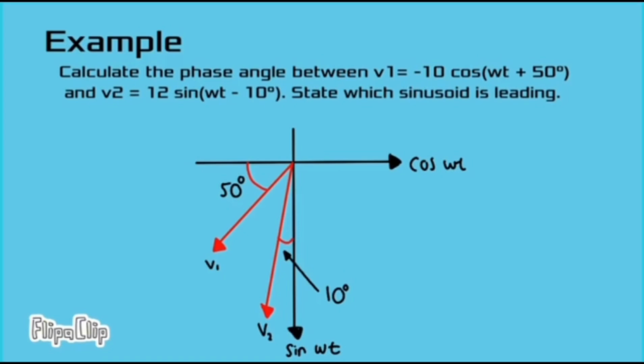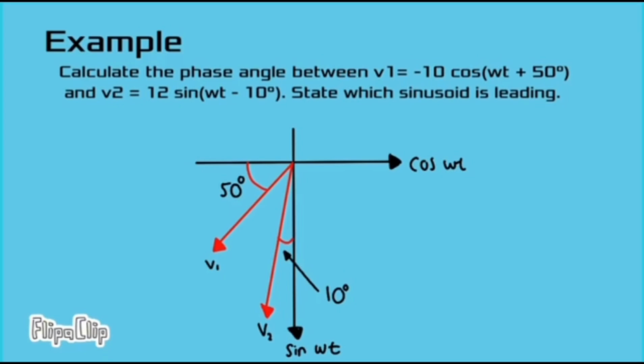Then for V2, the given angle is negative 10 degrees, so it will be clockwise. Since it's a positive sine, it will be on the vertical axis on the bottom part, so it will be clockwise. And we can draw the line for V2, which is 12. Since 10 and 12 are slightly different, the V2 line will be longer than V1.